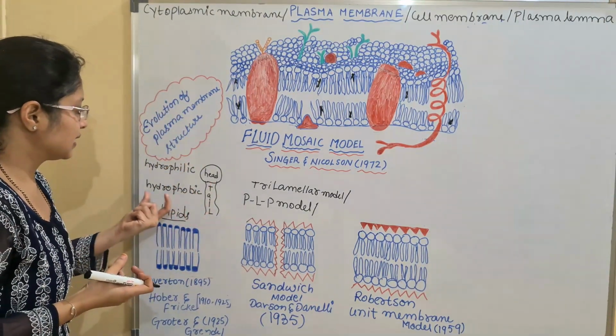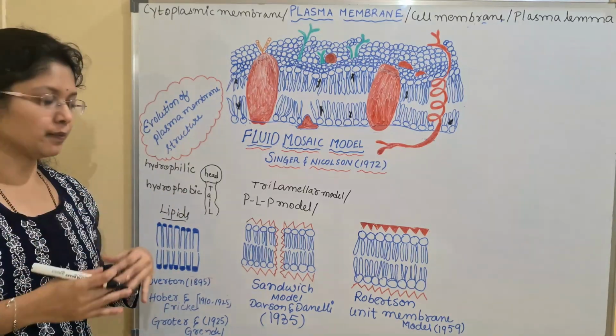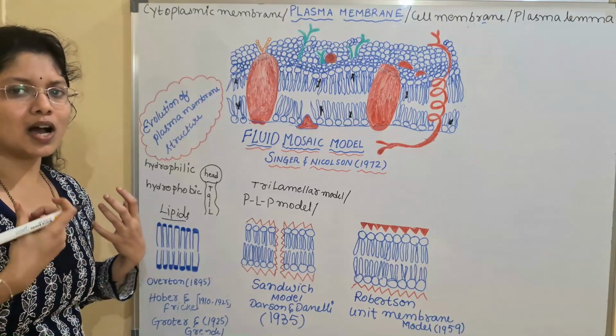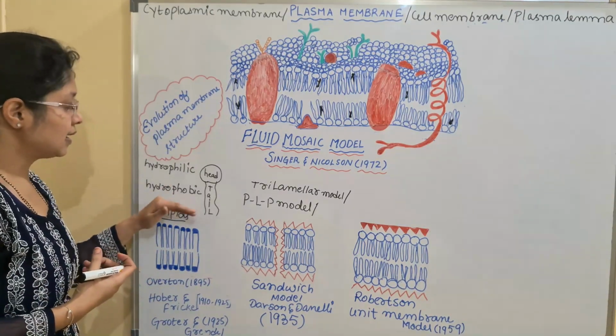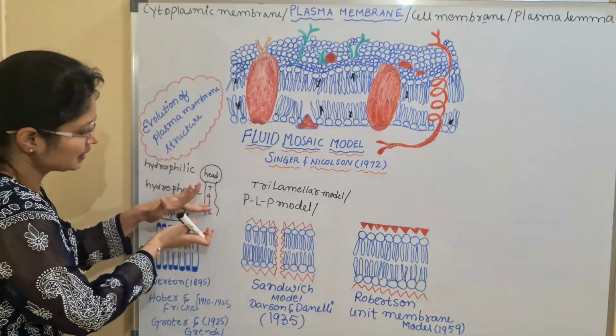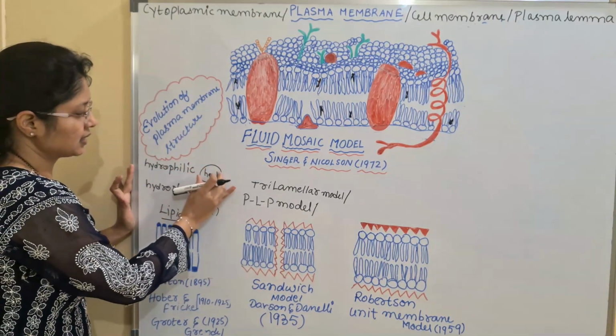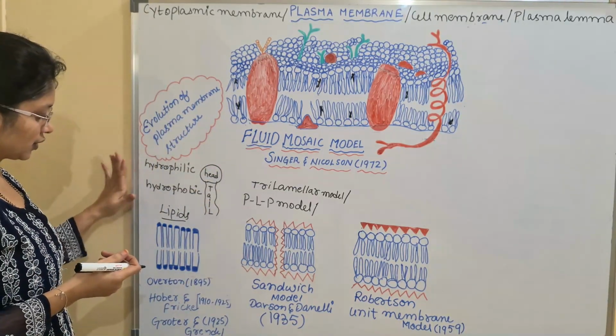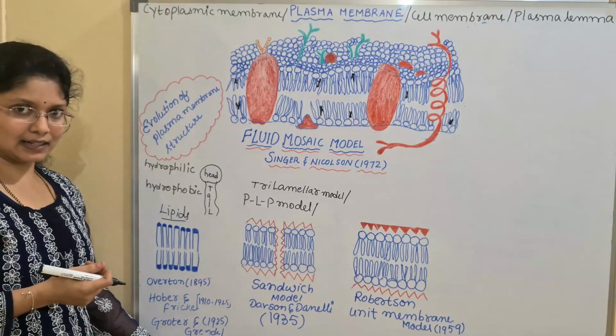The tail region is hydrophobic; these are the fatty acid tails, hydrocarbon tails, which repel water. Hence they are present inside, and the hydrophilic head region faces outside. Okay, so this was the structure given by Gorter and Grendel at that time.